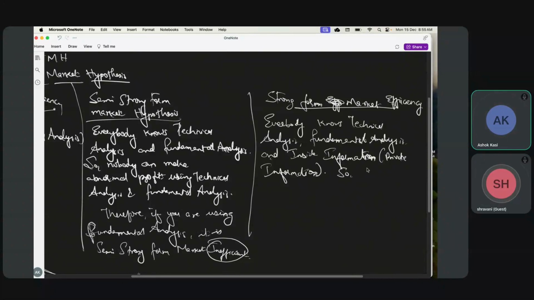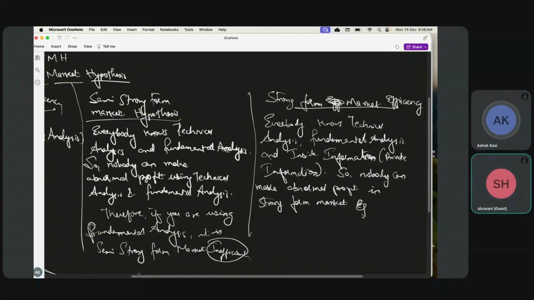So nobody can make abnormal profit. Okay, is this fine?